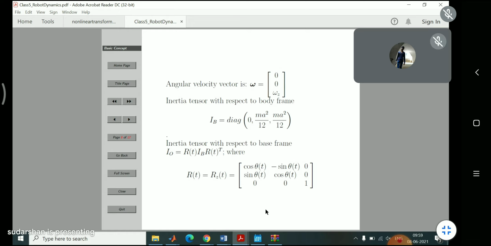And the inertia tensor with respect to the base frame is given by a coordinate transformation using the rotation matrix, that is R of t times IB times R of t transpose. Here R of t is equal to Rz of t, the rotation matrix with respect to the z axis. This is basically called the coordinate transformation.